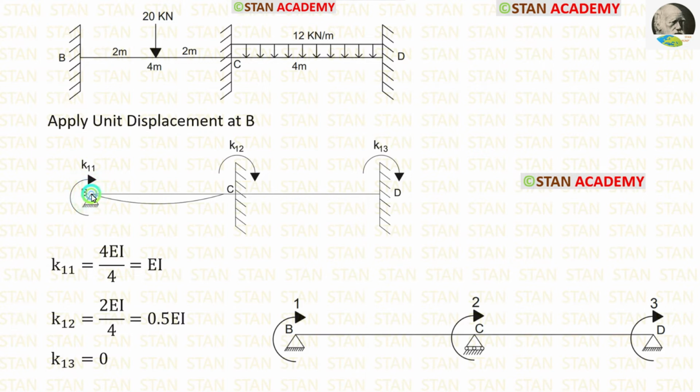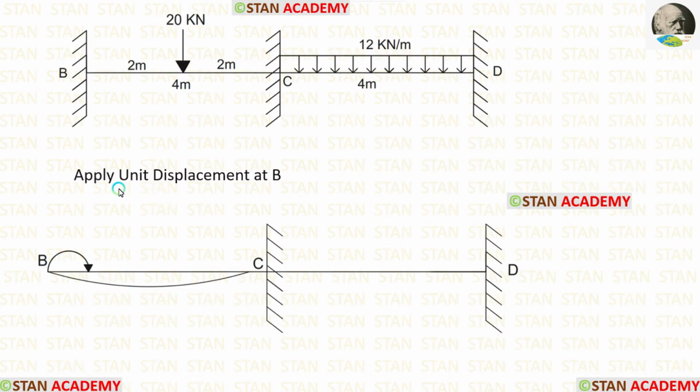Now let us see how to draw this curve. We are applying unit displacement in the point B. So in the point B, we have to make a clockwise curve and then we have to see the direction of the arrow. This arrow indicates downwards, so the curve comes below the span.